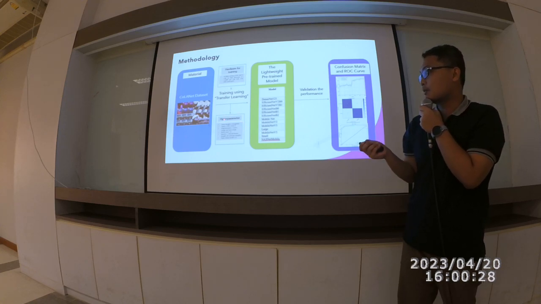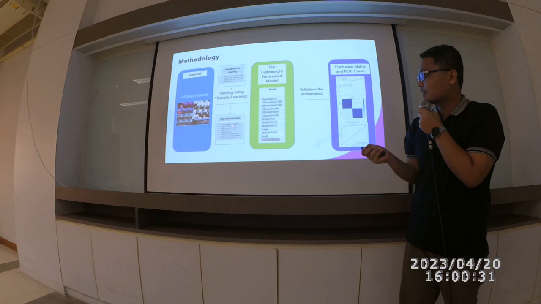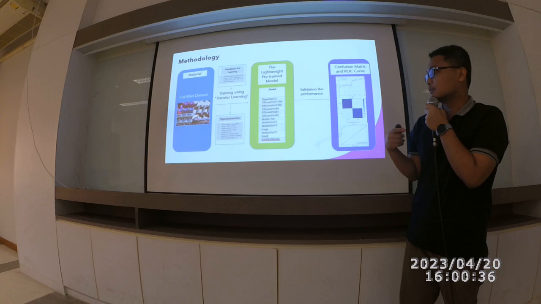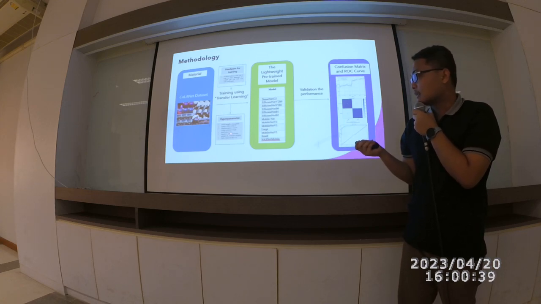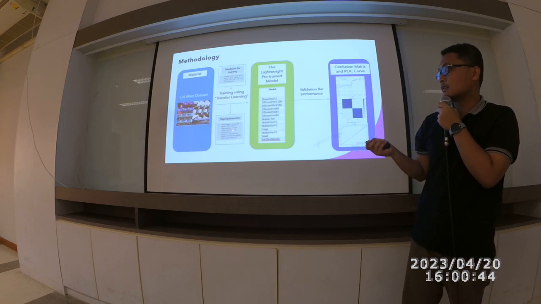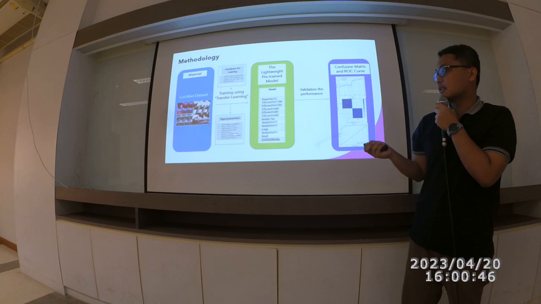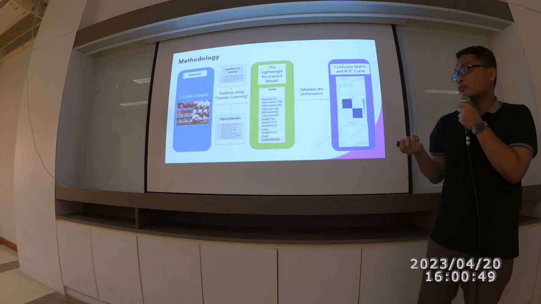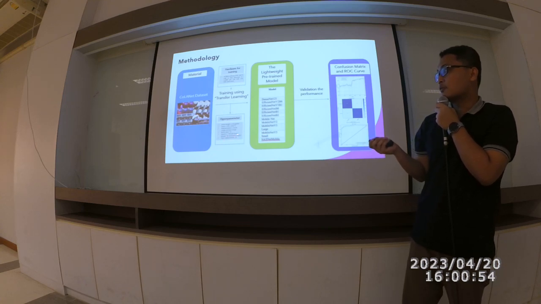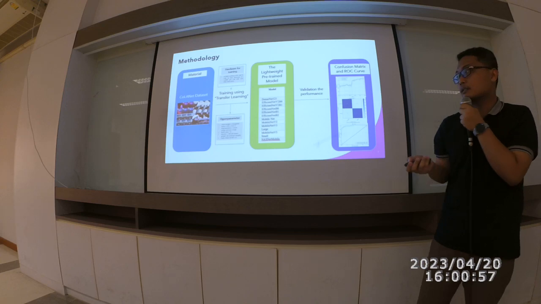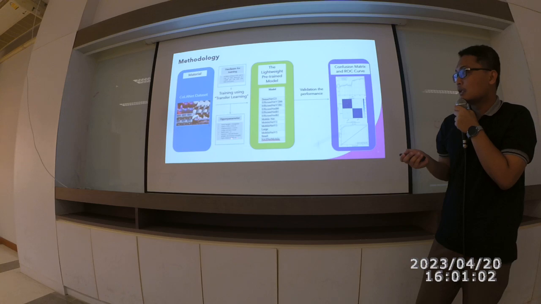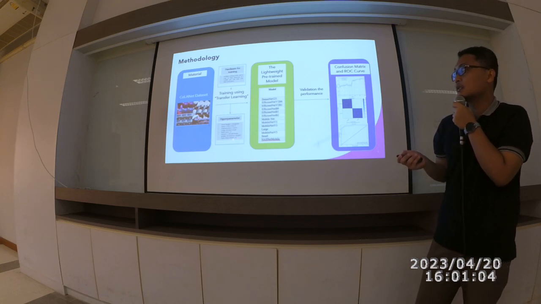For the hyperparameters, we use input size 224, use augmentation to enlarge the dataset, and use a batch size of 16. The epoch is 100, which is 50 with frozen weights and 50 with unfrozen weights. We use the Adam optimizer with 0.001 for the learning rate.